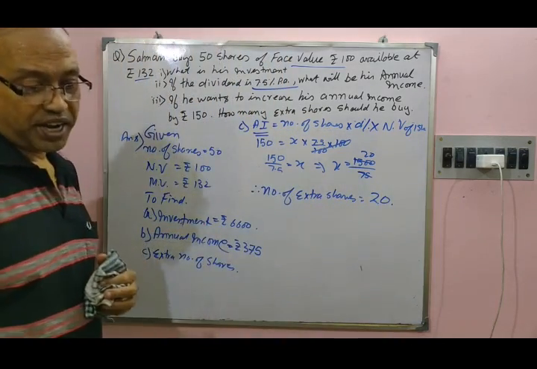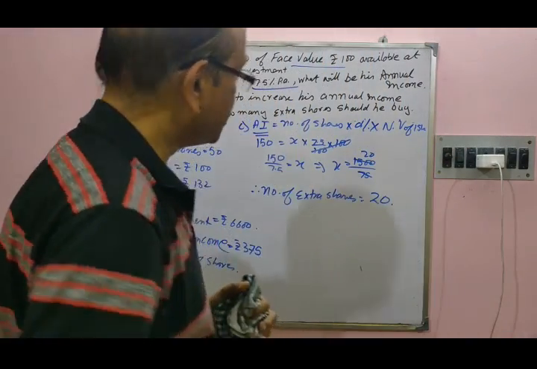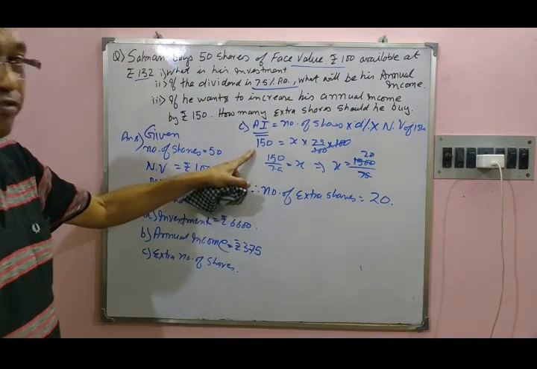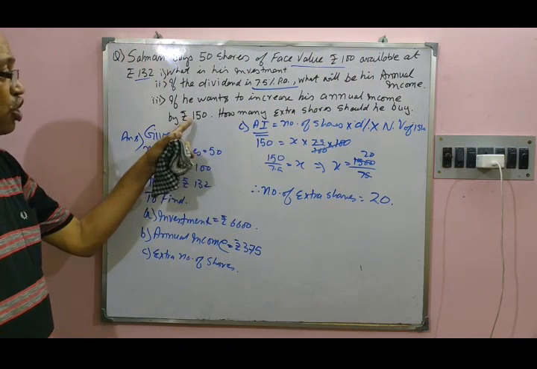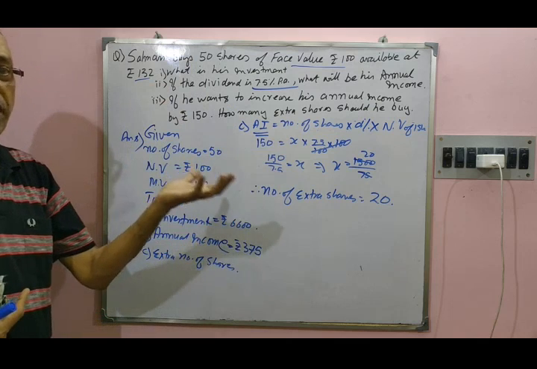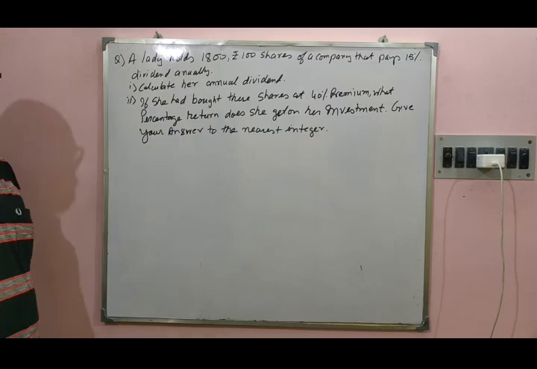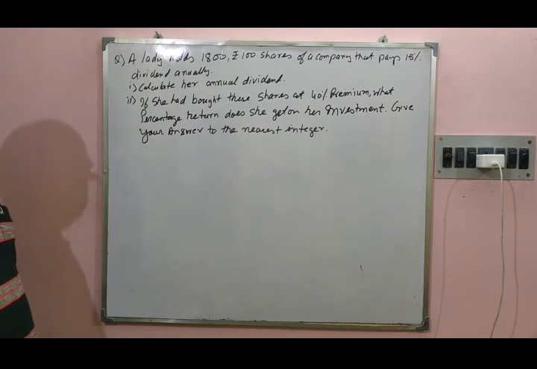He has to buy 20 extra shares. Is it clear? Understood? 150 is not the annual income, but it is the extra that he wants. Clear? Okay. The next question.